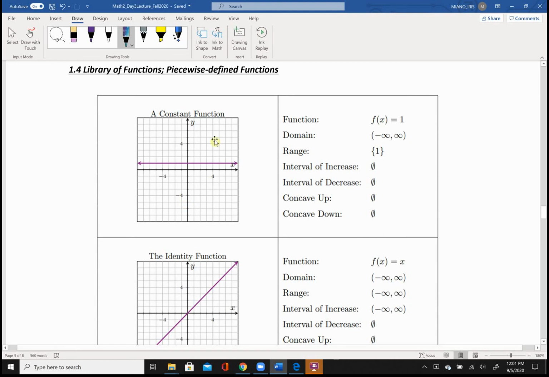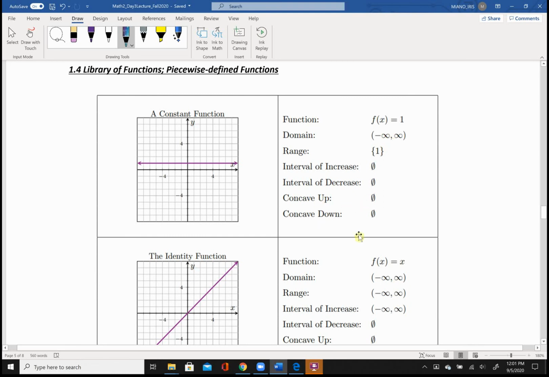Okay, so here's the first one, a constant function. It's a horizontal line. It comes in the form of y equals some real number, or rather f of x, because we're dealing with function notation now. Here is some pertinent information about this particular function: domain, range, where it increases, where it decreases, and then concave up, concave down.